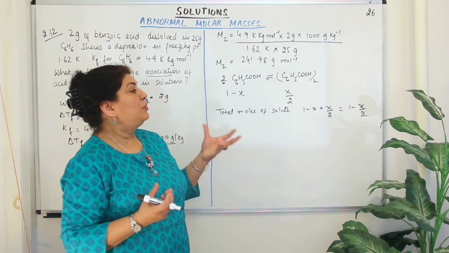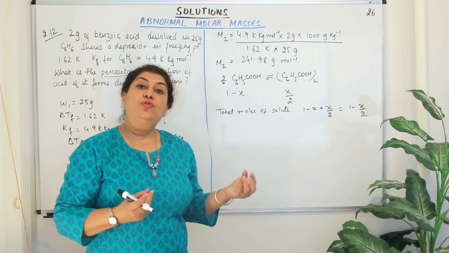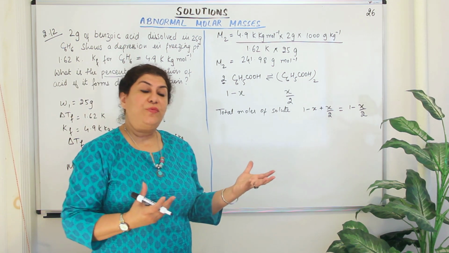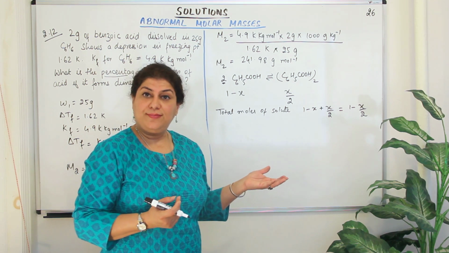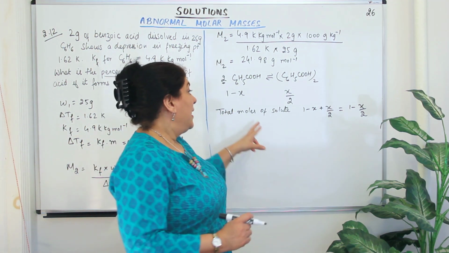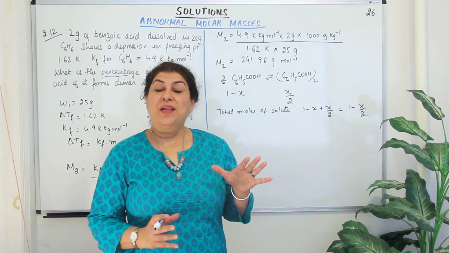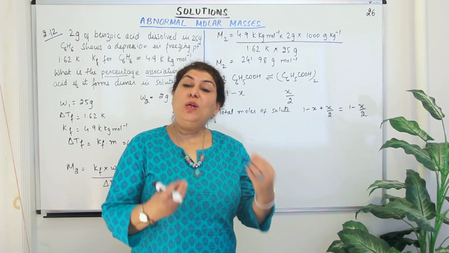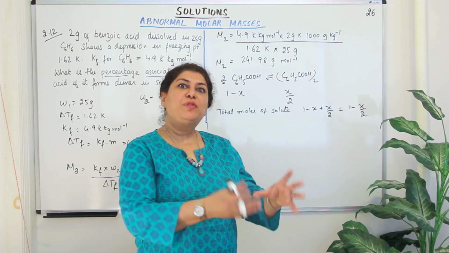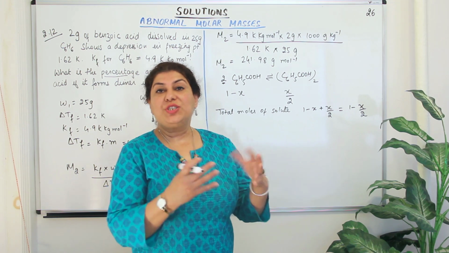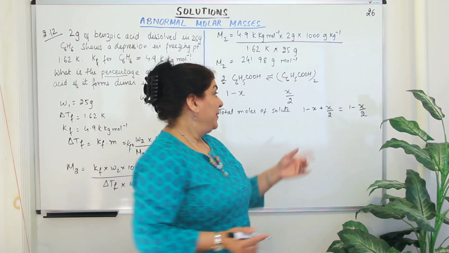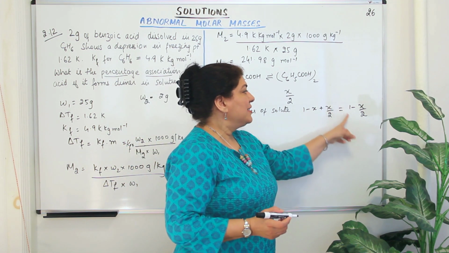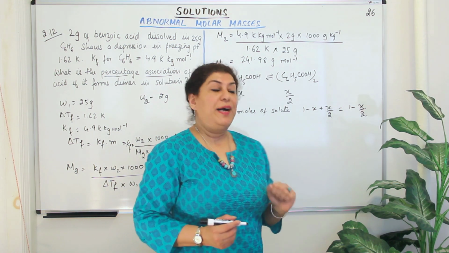Now this is the number of moles of the solute that we have in the solution. Now this is the van't Hoff factor. Because what is the van't Hoff factor? The van't Hoff factor is actually the number of moles of solute which is present in the solution. Therefore, if you really look at this, this is the van't Hoff factor, which is equal to i.